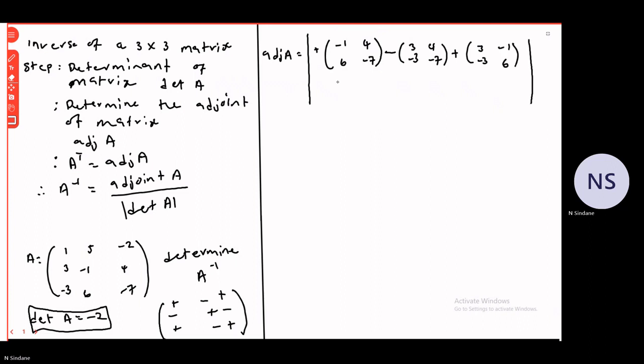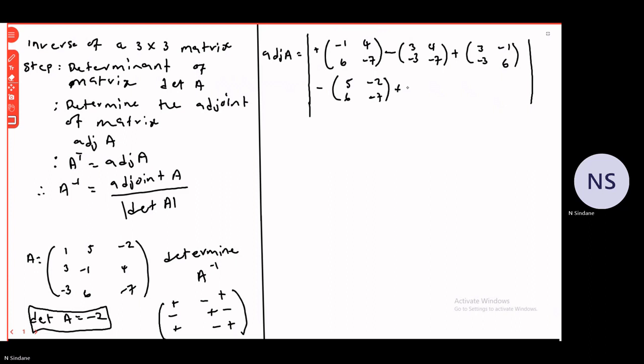Then I have minus into, this one is out, 5 and 6, 2 and minus 7.